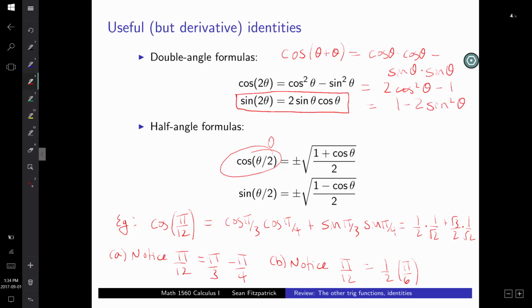So if I did this with theta equal to pi over 6, I would get the square root of 1 plus root 3 over 2 over 2, and then the square root of that whole thing. That number, believe it or not, is the same thing as this number down here. They look very different, but they do have the same value.